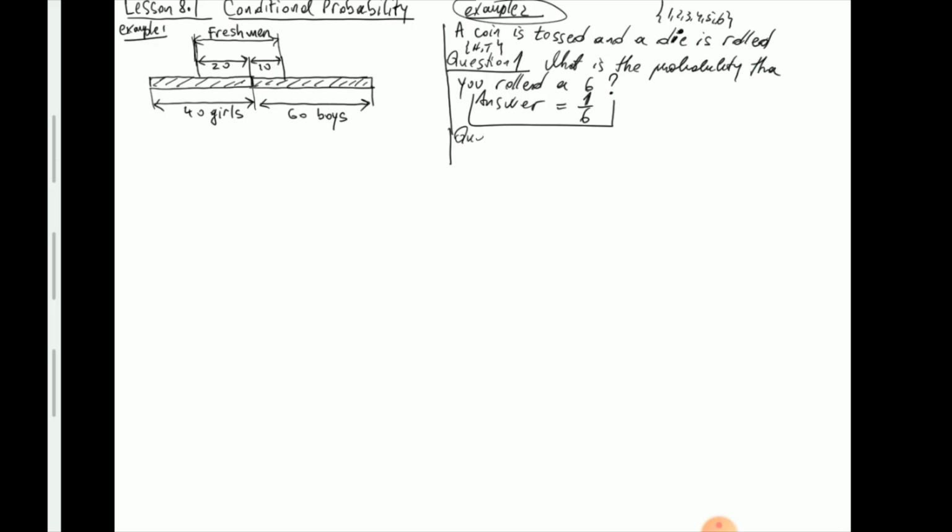Now pay attention to question 2, which may sound silly, but hold that thought for a moment. What is the probability that you rolled a 6, given that, so this time I'm providing you additional information, given that you tossed a tail with a coin.